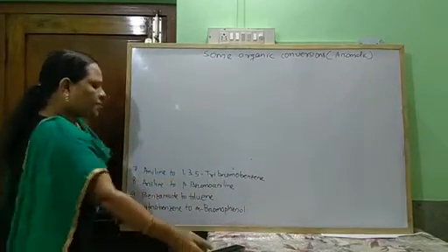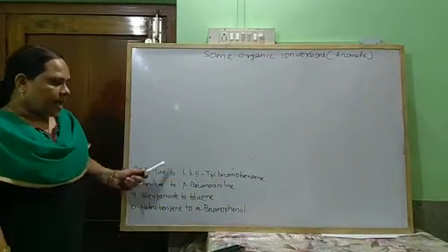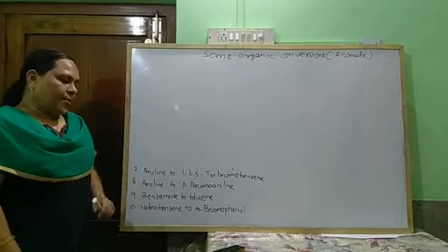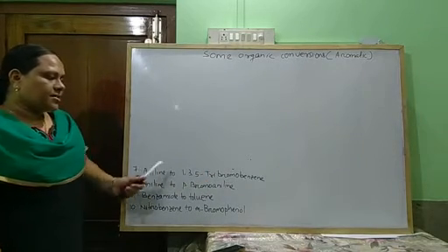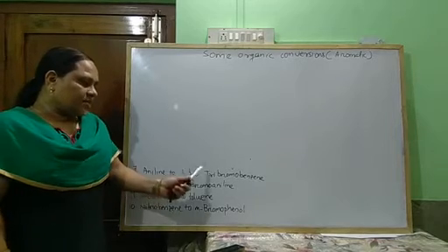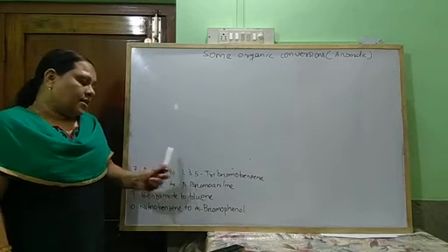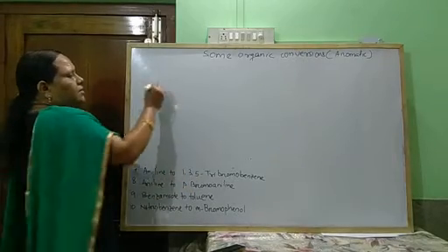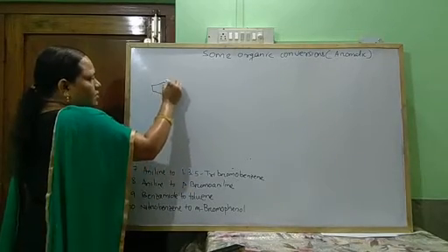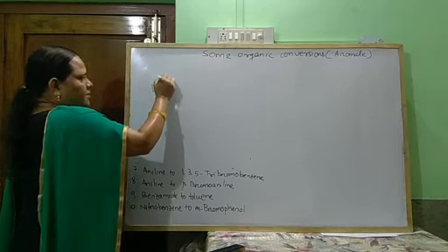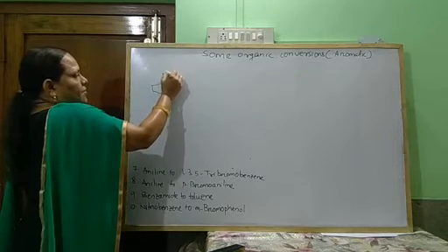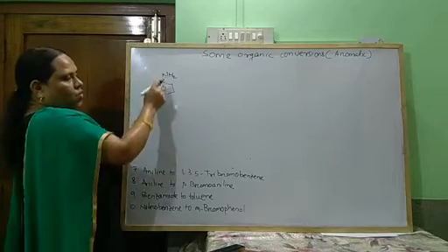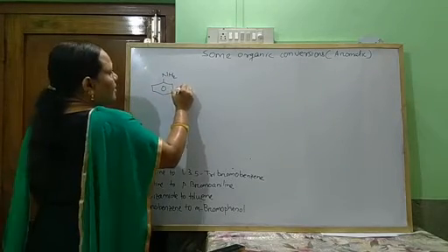Next come to question number 7. Aniline to 1,3,5-tribromobenzene. Here 1,3,5 bromination takes place, and another thing, this nitrogen atom is also removed. So how to convert this? This is aniline. You know this group is very much ring activating and ortho-para directing in nature.